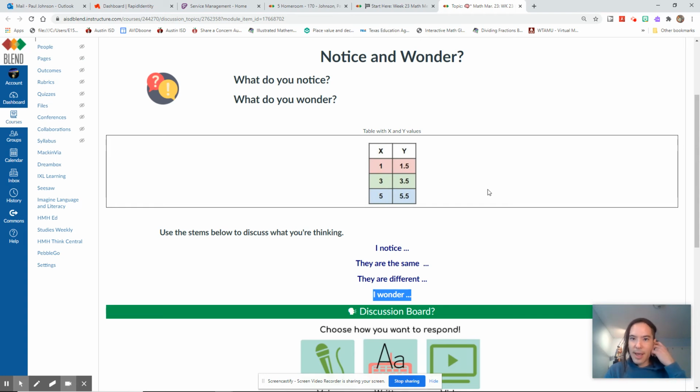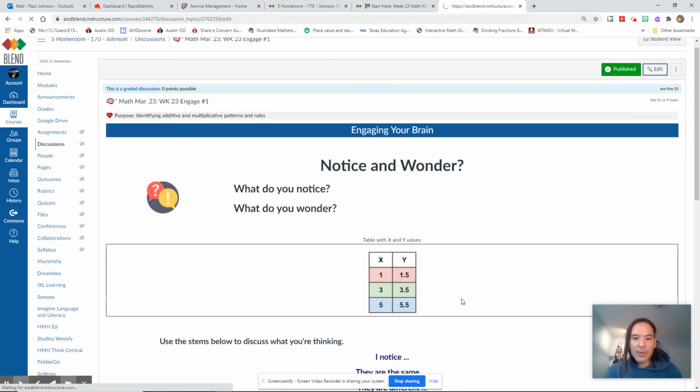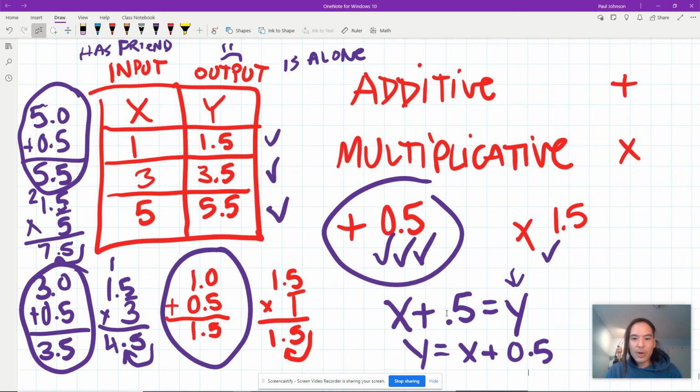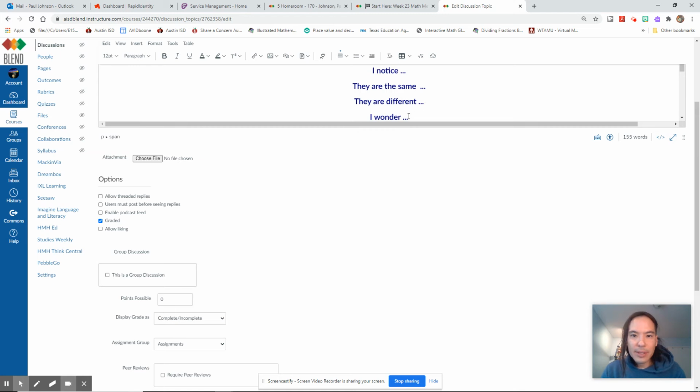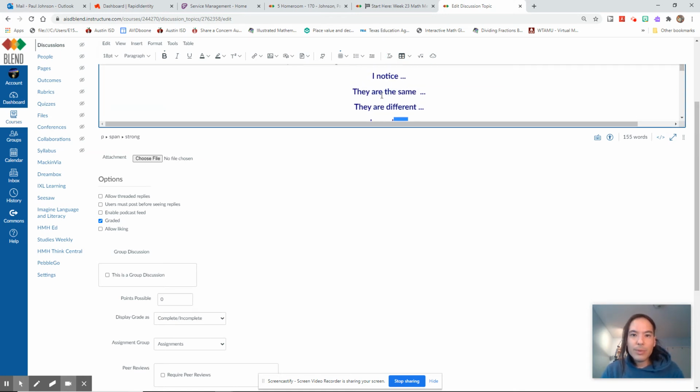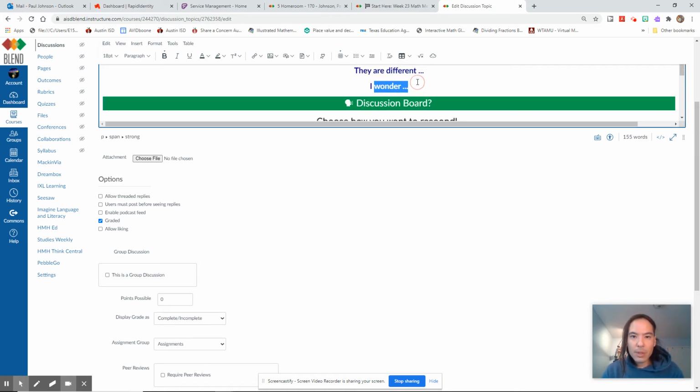Let's go ahead and I'm actually going to change this I wonder to the rule is. So what we're going to do is write our rule. On that I wonder part, I want you to write the rule. Is it additive or multiplicative? So what I'm going to write over here is, is my rule additive or multiplicative?